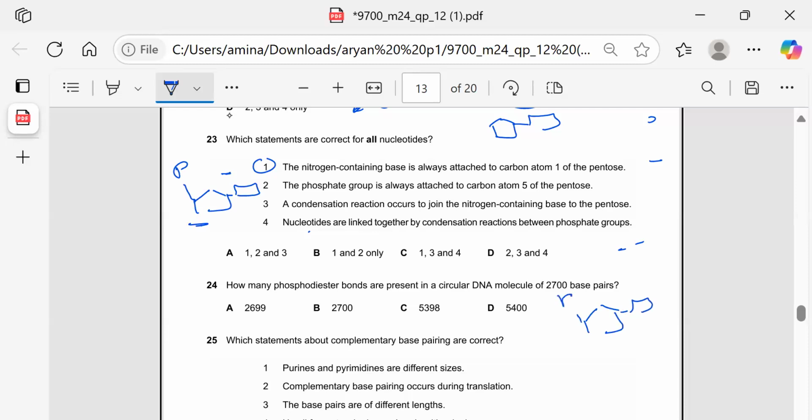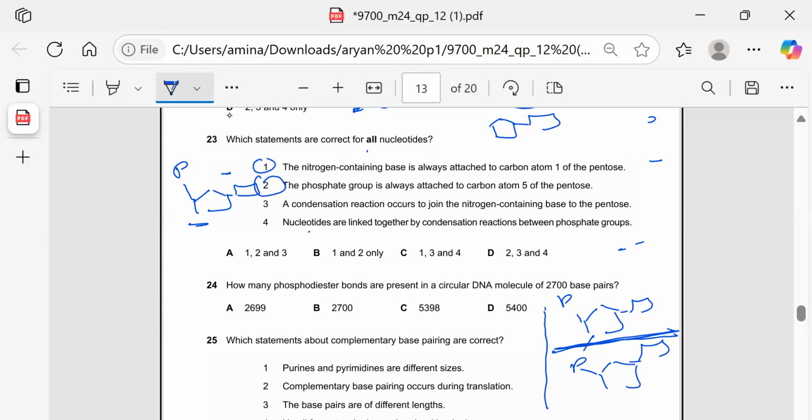So yes, over here also, if I see a single nucleotide, not as a whole chain, the phosphate group is attached at carbon 5. I was taking it as a complete chain and there I was making a mistake. I need to consider it as a single nucleotide. So as a single nucleotide, 2 is also correct.